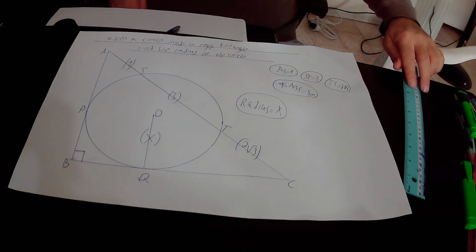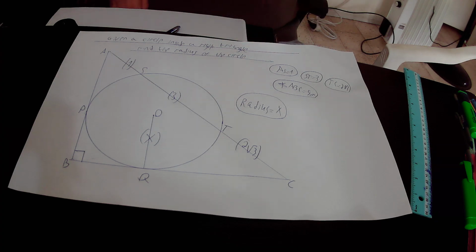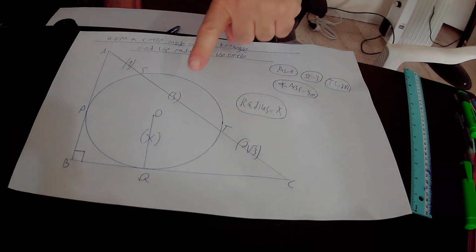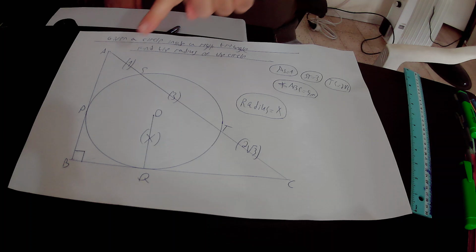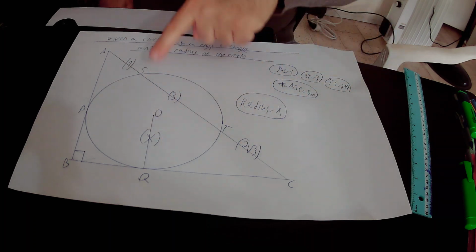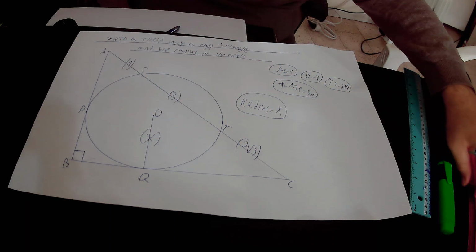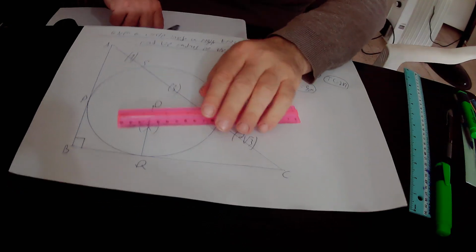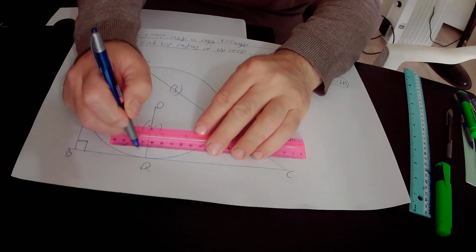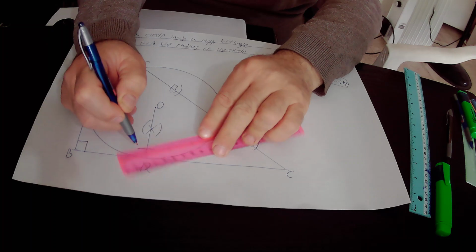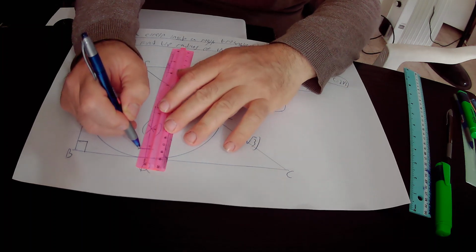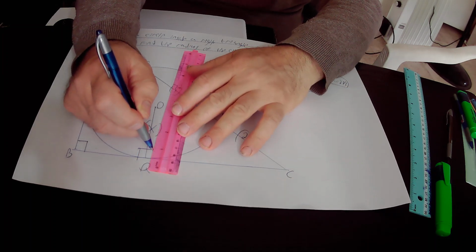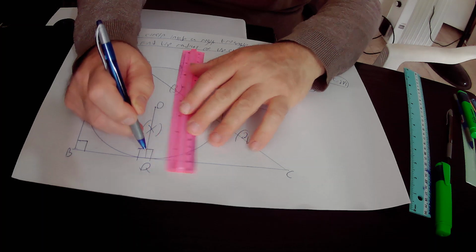And whenever you have a radius that is drawn to the point of tangency, then tangent BC will be perpendicular to the radius QO. If BC is perpendicular to QO, it means that this angle equals 90 degrees and this angle also equals 90 degrees according to rule 1.